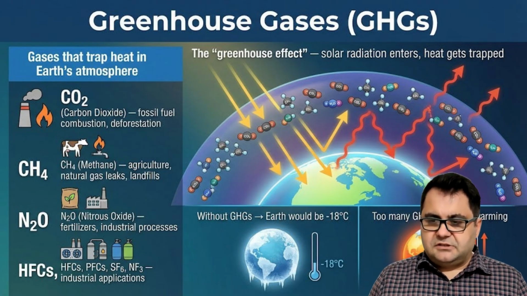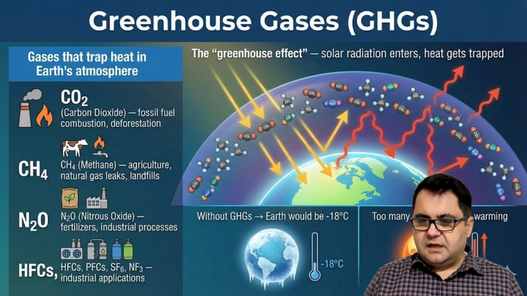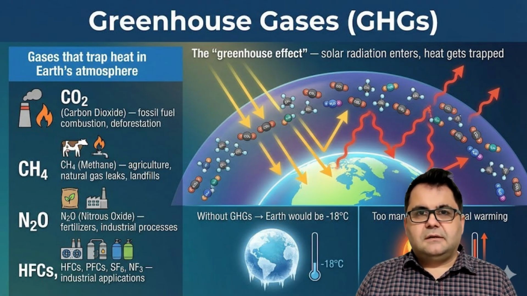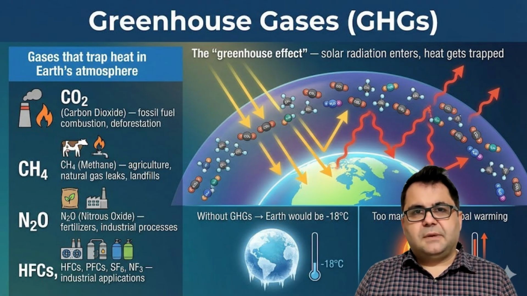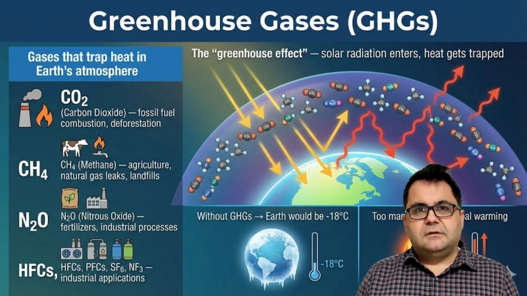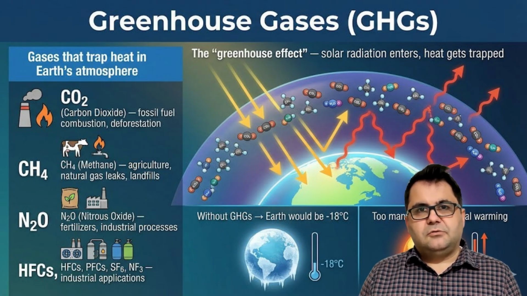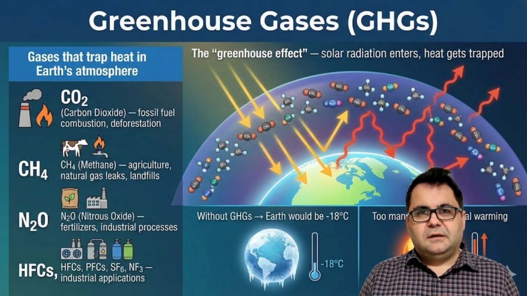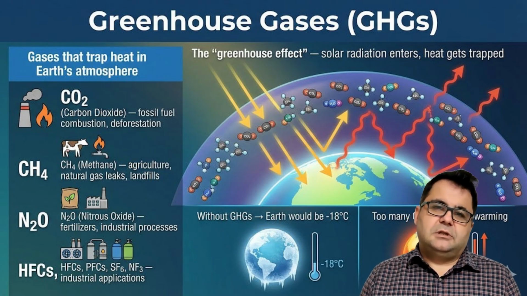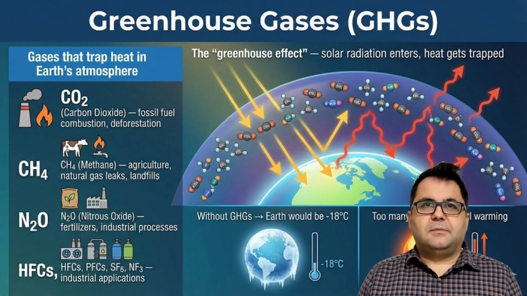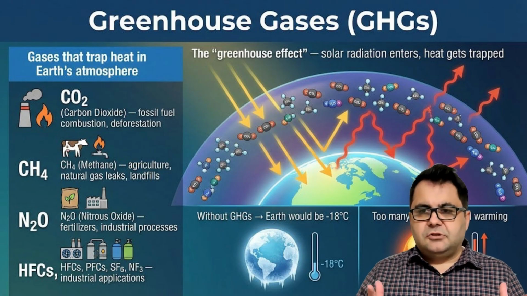Now, greenhouse gases are natural and necessary. Without them, Earth would be frozen. The problem is that human activities have dramatically increased their concentration. CO2 levels are now over 420 parts per million, the highest in at least 800,000 years. This is what drives climate change, and this is what we need to measure and report.